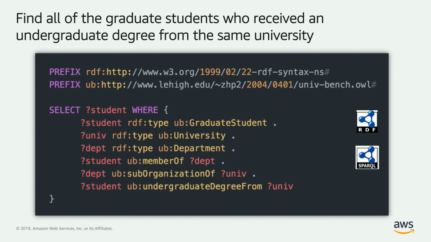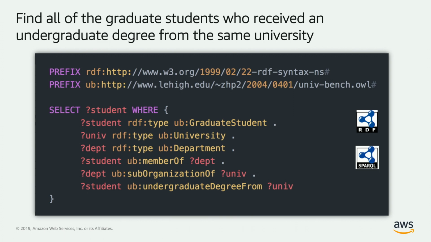So the first part of this is basically setting up the query, setting up the variables that we're going to use by loading them in from this common RDF type. So we're saying that the type is going to be brought in from this ontology, whatever the university benchmark is, and that's going to be bound to an RDF type, and then we're going to use the edges from this ontology again: member of.